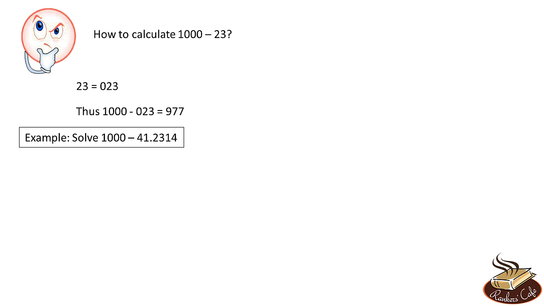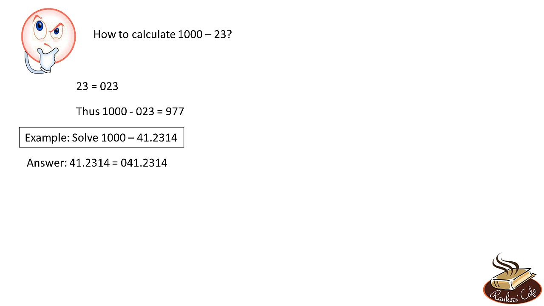Let's do one more example. Say we have to calculate 1000 minus 41.2314. Now the nearest base to 41 is 100, but we need to subtract it from 1000 here, right? So what we'll do is, we'll add a 0 to the left of 41.2314.